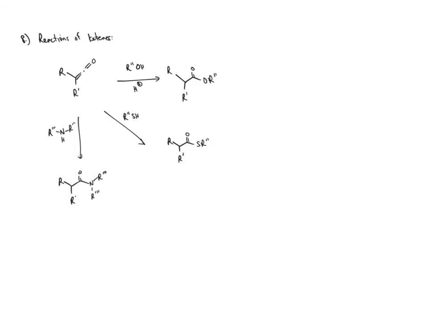Okay, so we've got two more reactions here. The next reaction is known as the Hunsdiecker reaction. And the Hunsdiecker reaction takes a silver carboxylate. Right, so we have a silver salt of a carboxylic acid. And you have to start with the carboxylic acid.